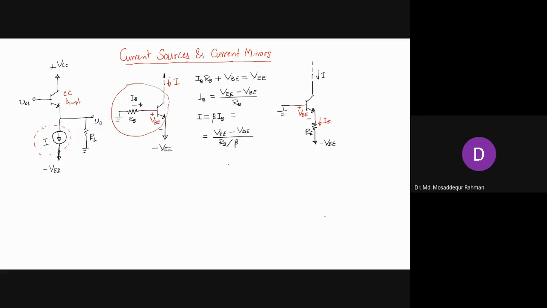And here, if you write the KVL around this loop, what you get is VBE plus IE RE, and that is equal to VEE, and we get IE will be VEE minus VBE divided by RE.